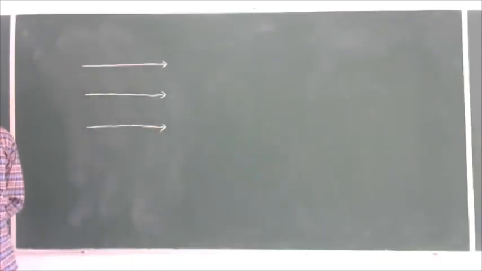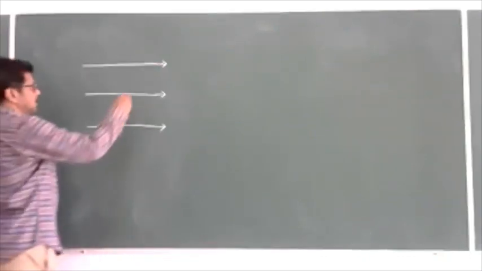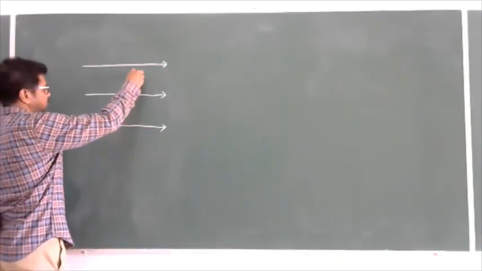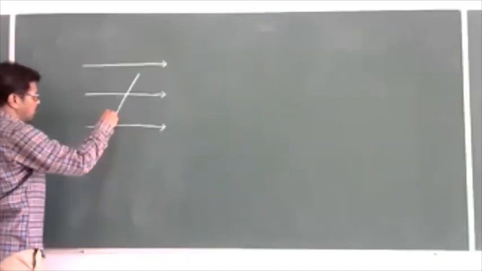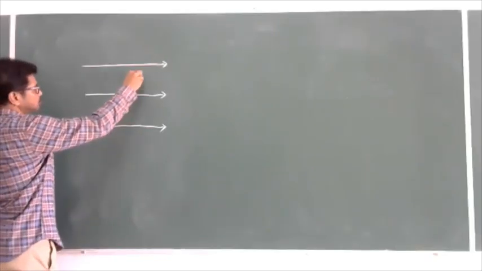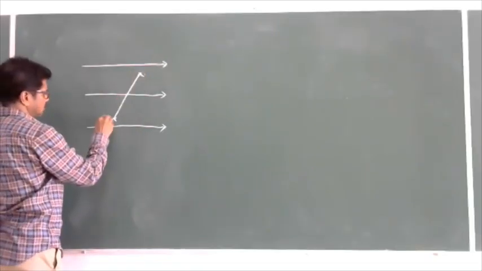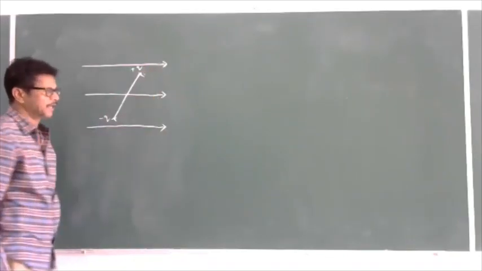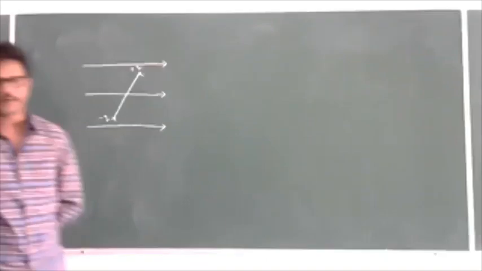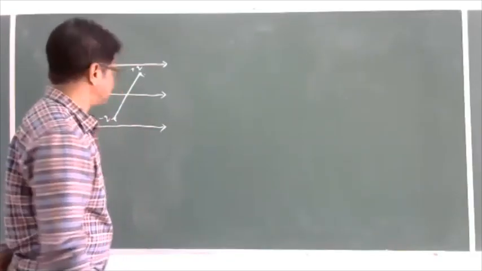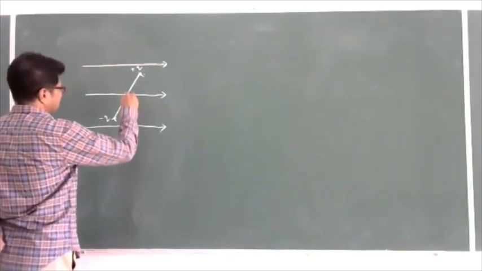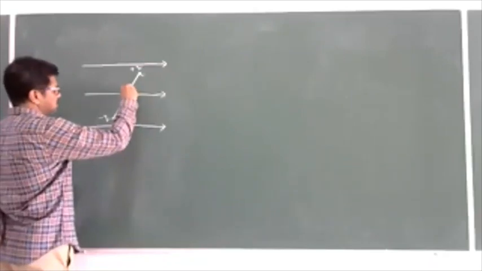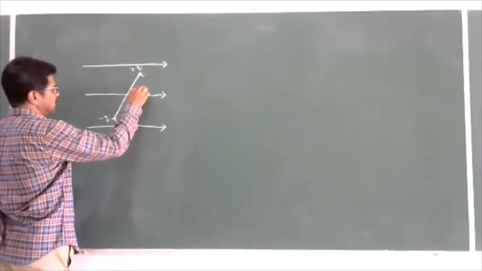In that uniform electric field, I placed an electric dipole. An electric dipole is nothing but two equal and unlike charges separated by a certain distance. Initially, it makes an angle theta 1.